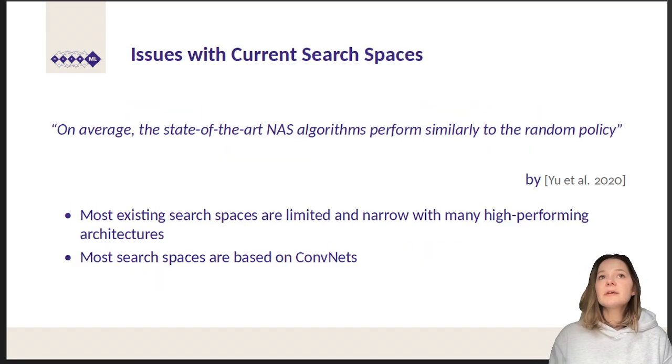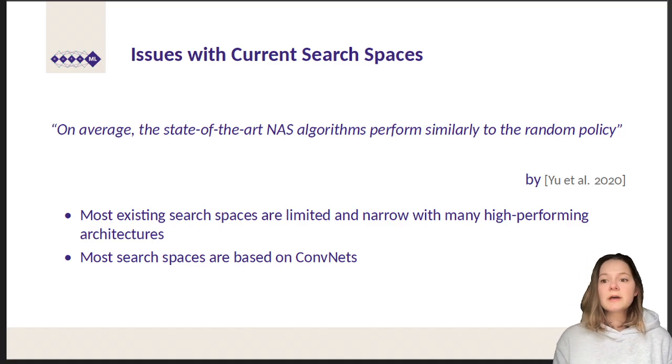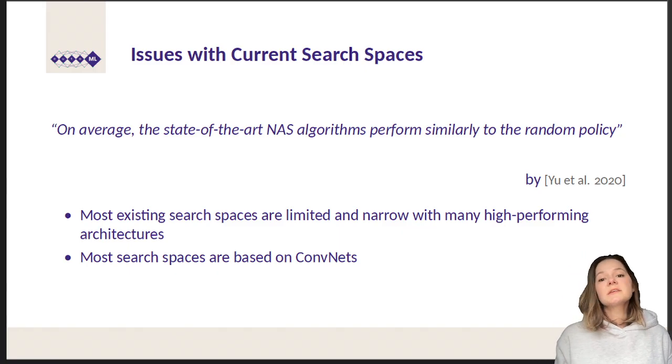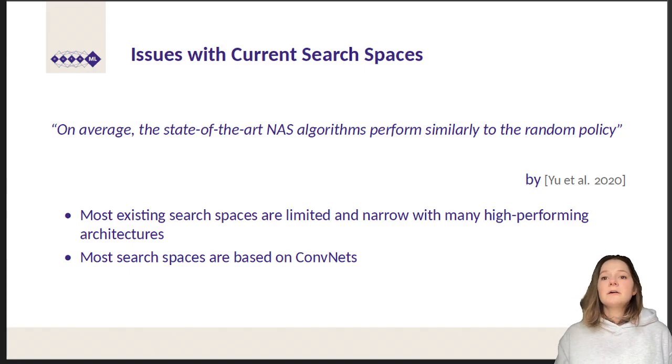We mentioned already that random search can be on par with sophisticated approaches. The paper by Yu et al. from 2020 states that, on average, the state-of-the-art NAS algorithms perform similar to the random policy, which is based on the fact that most existing search spaces are limited and narrow, with many high-performing architectures. Most of the search spaces we actually work on are cell-based search spaces, which do not differ that much and are rather limited and narrow.